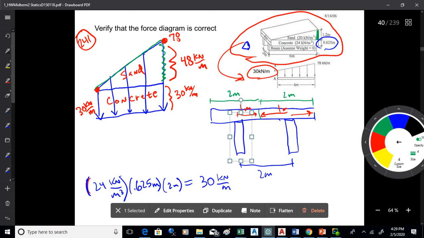Your check on that is when you run those numbers, they should come out to be 48 kilonewtons per meter for the sand. And these are somewhat instantaneous readings as you work your way across, okay? So you'll use the height of the sand on the far right to calculate what will turn out to be 48 kilonewtons per meter there, okay?